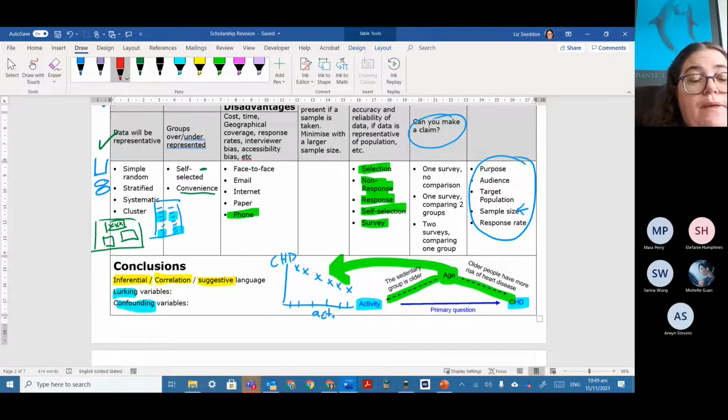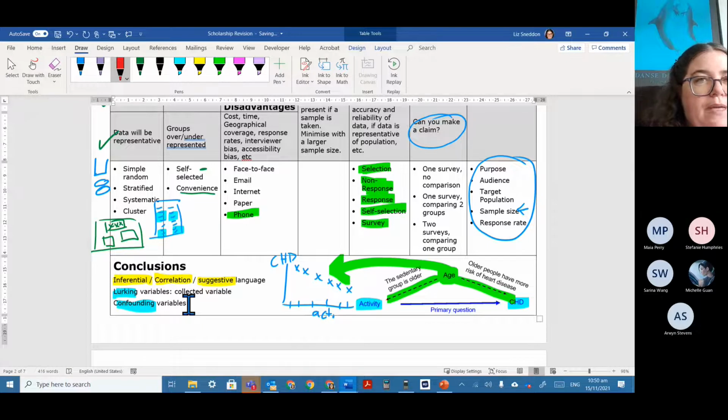So the difference between them, they both refer to this variable behind. One of them, though, is when you've got a set of data, did you collect data on this variable or did you not? A lurking variable is when you have collected data on this variable.